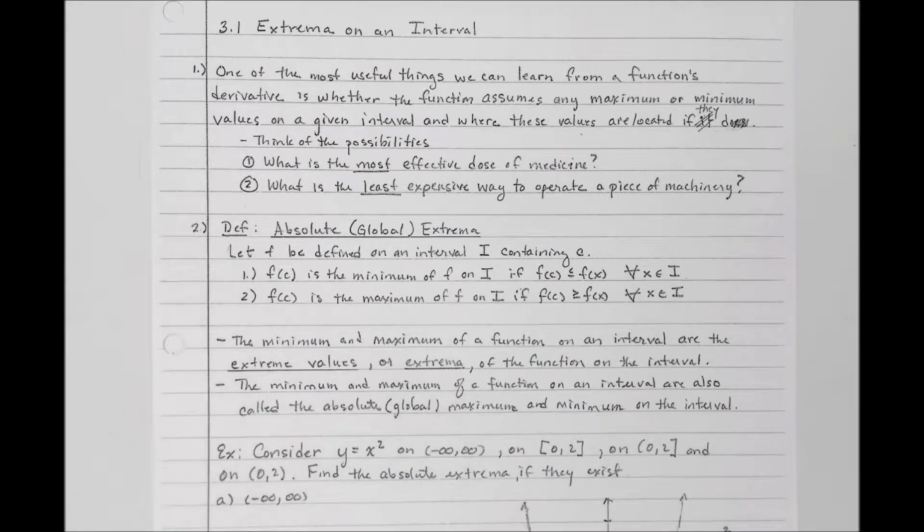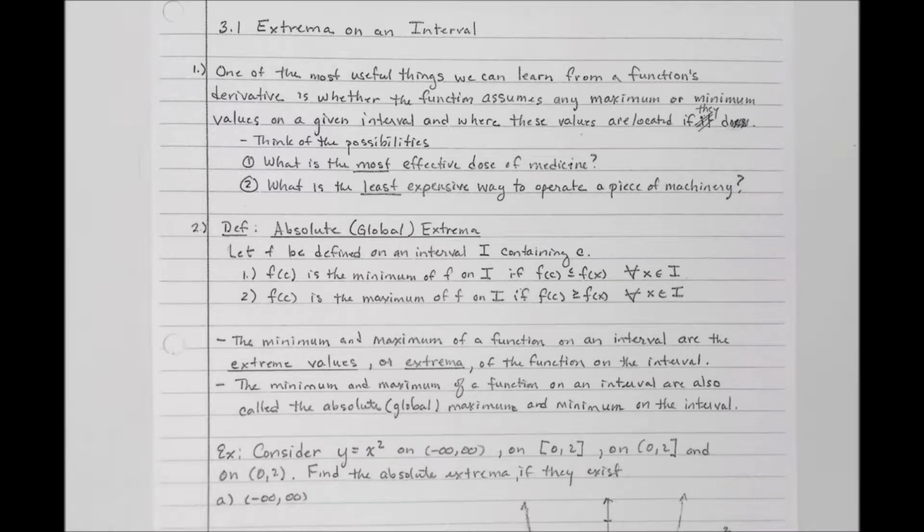All right, so we're going to look at two different kinds of extrema. The first type is called absolute extrema, or sometimes, more old school, global extrema. Absolute extrema, as you might imagine, means it is the largest or the smallest on the interval.